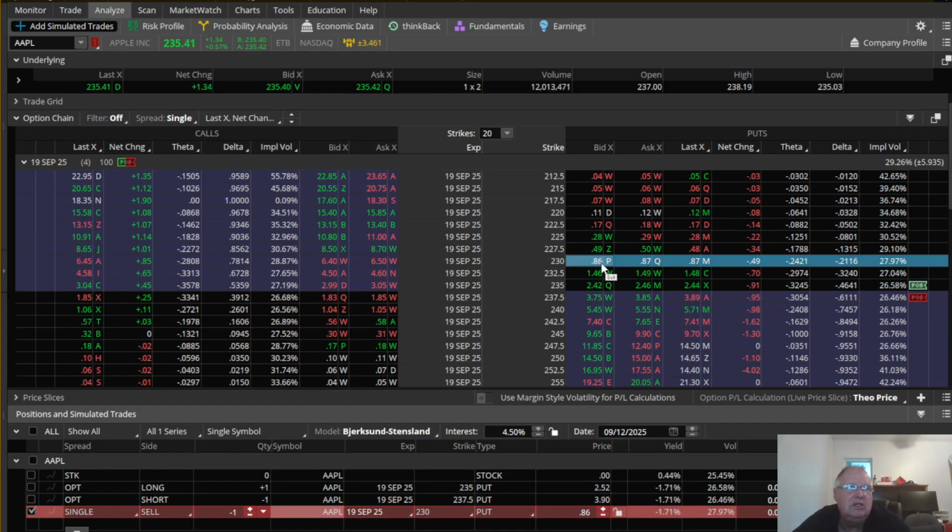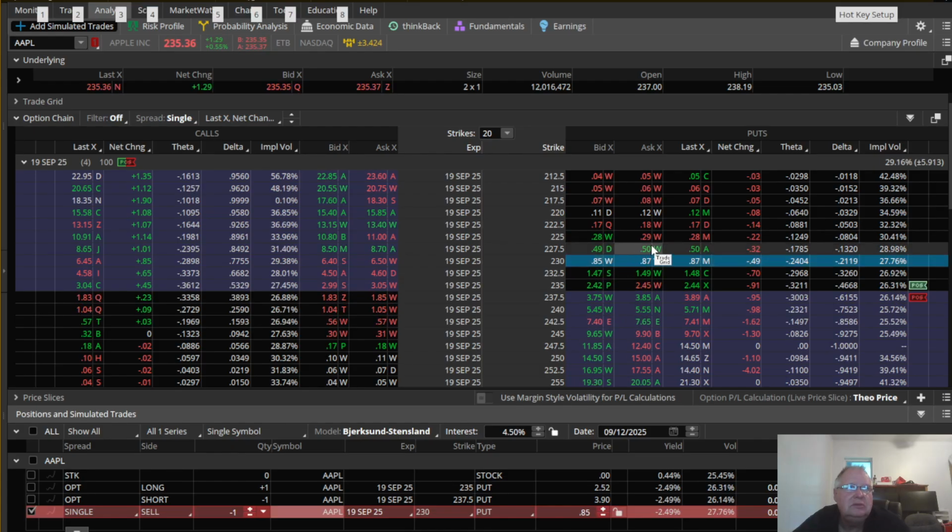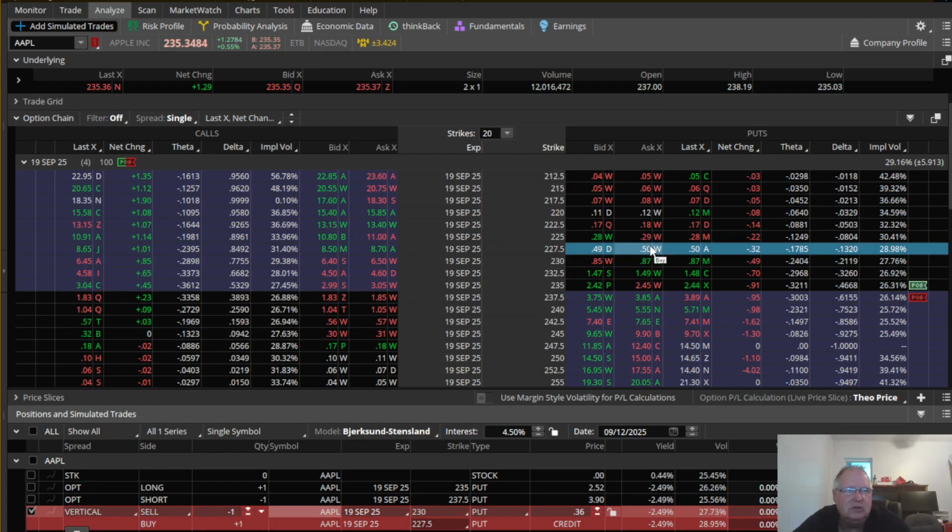So we're going to sell the 230s and cover them with the 227.5s. Now our reward to risk ratio is much, much worse, right? Much worse. We could only make 37 cents. We could lose $2.13. So not fantastic that way at all.